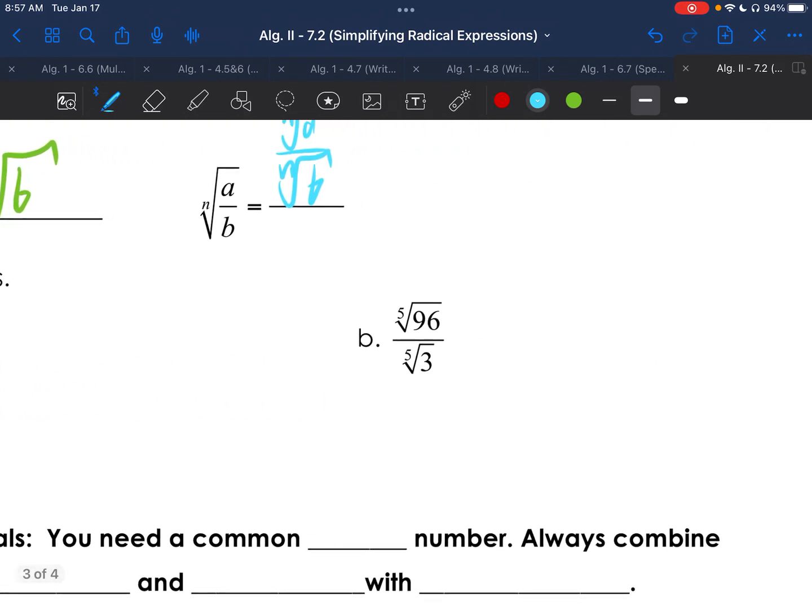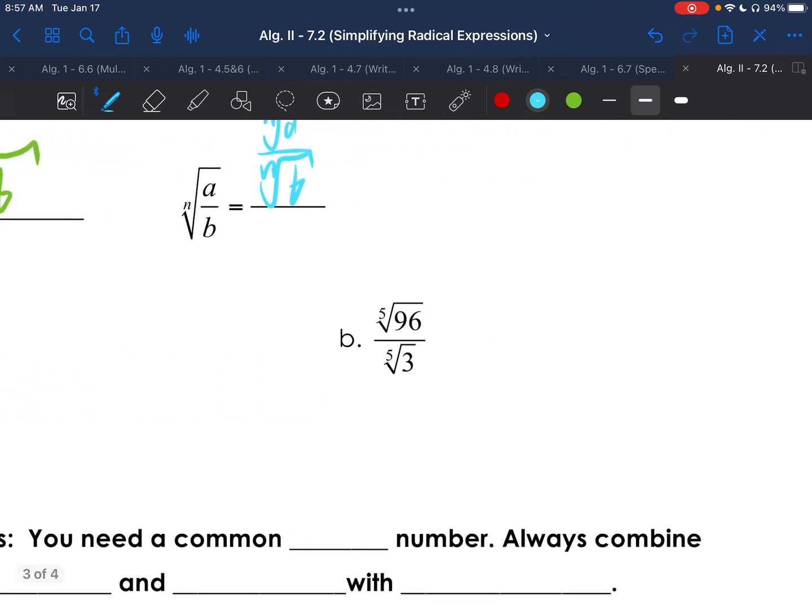Same idea on letter B, but in reverse now. The 5th root of 96 and the 5th root of 3, they are the same root or index again. We can say, hey, it's one big one, the 5th root of 96 over 3. And so now we can take 96 divided by 3 and get 32.